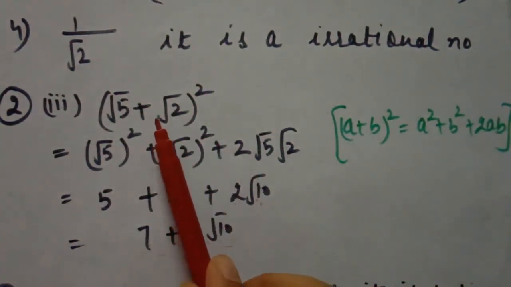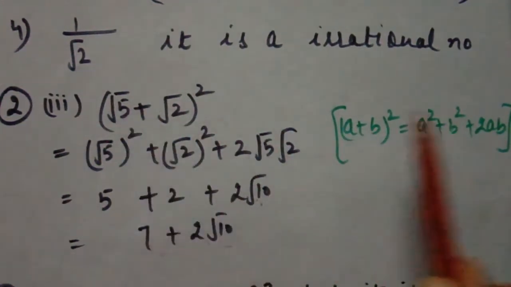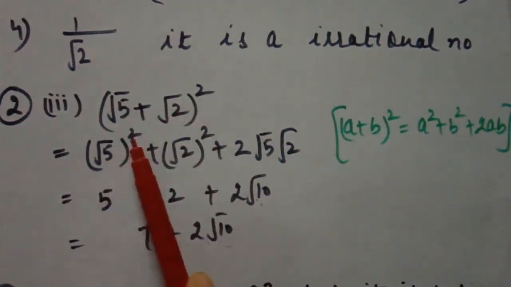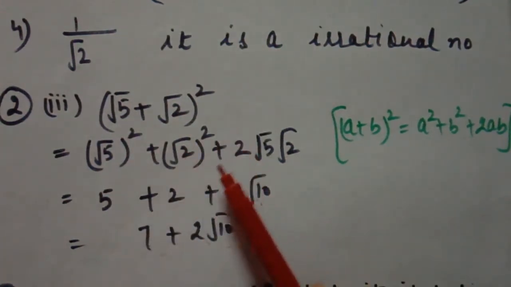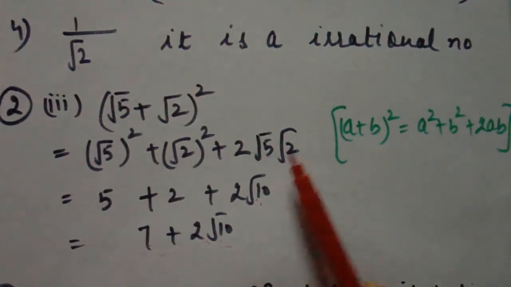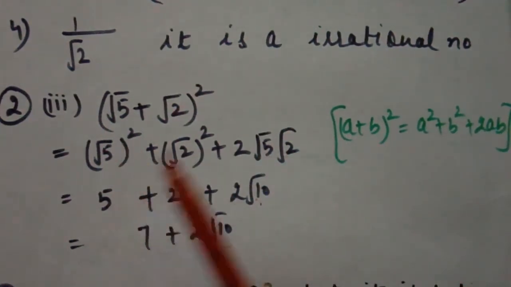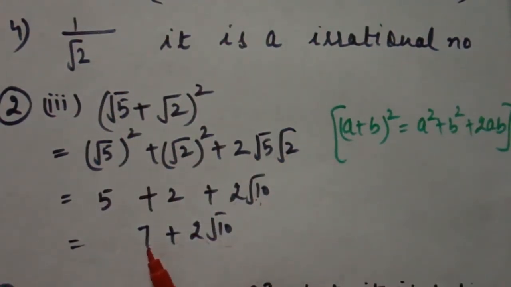We replace a with root 5 and b with root 2. So a square means root 5 whole square, b square means root 2 whole square, plus 2ab means 2 into root 5 into root 2. Root 5 square means 5, root 2 whole square means 2, and 2 into root 5 into 2 is 2 root 10. Then it becomes 7 plus 2 root 10.